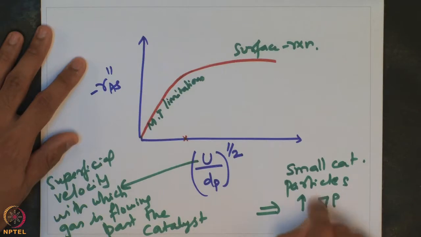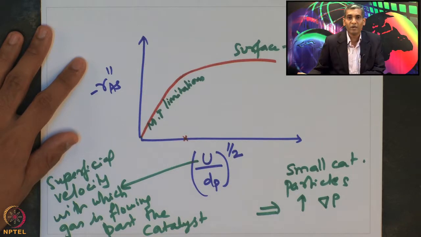So, having a very small, tiny catalyst particle is not always a desirable situation, unless it is absolutely required, because the pressure drop will increase if the particle size is small, and that will increase the pumping cost, and it is an undesirable situation.